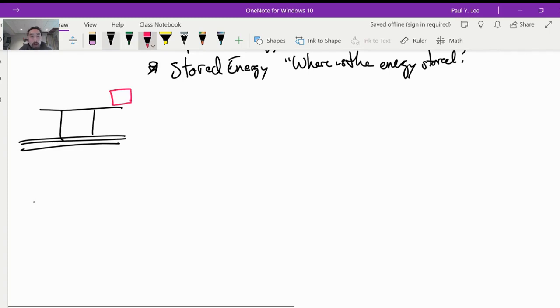Let's break this down: this object has a mass of m, it's at a height of h, and we're here on Earth, so we can call that g. And it's not moving, and so yes, we have an object, but it's not moving.